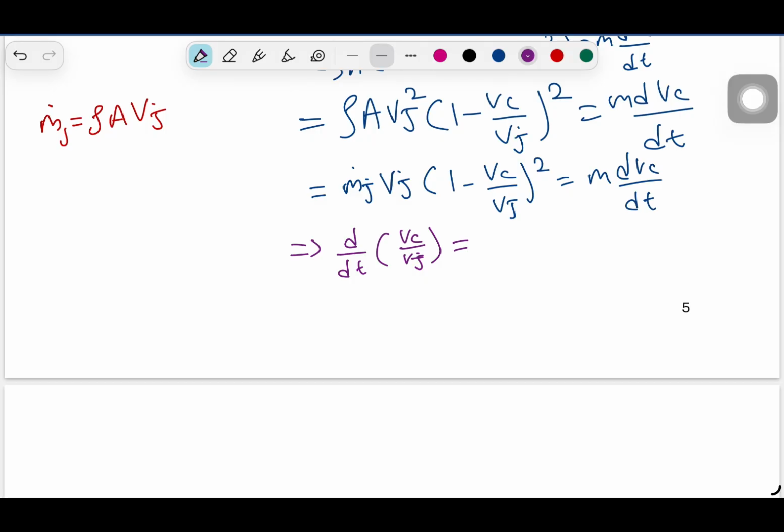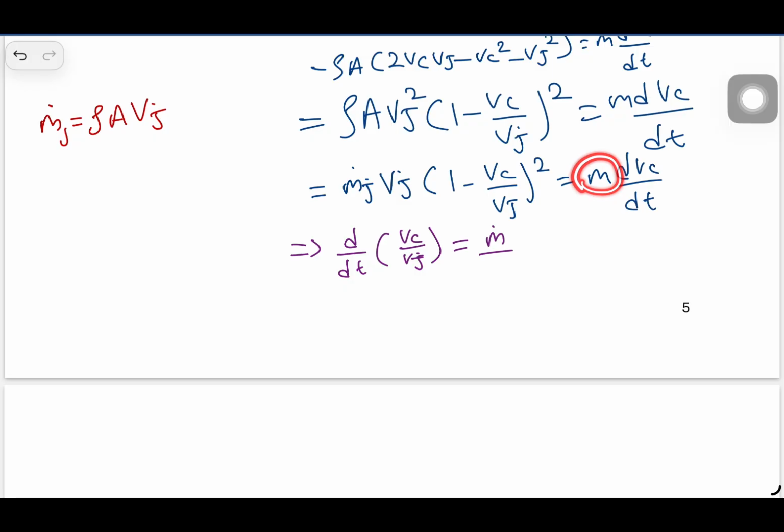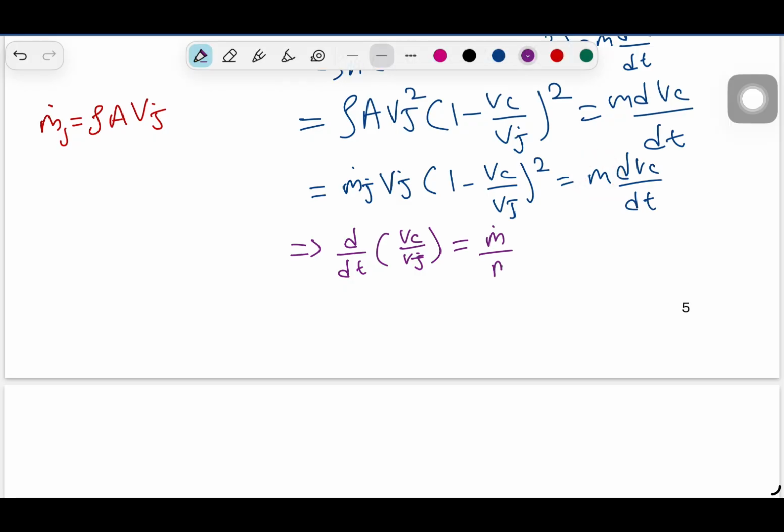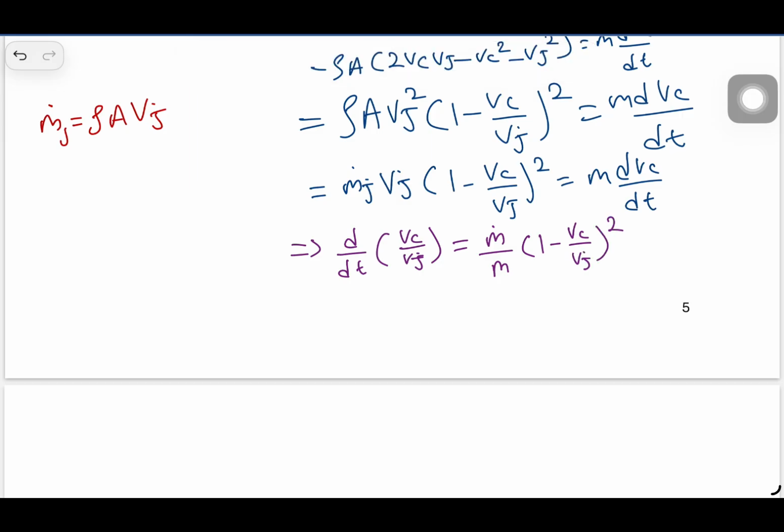So let me continue. We have m dot. We have also m, which is mass. So here basically we moved mass to the left hand side.